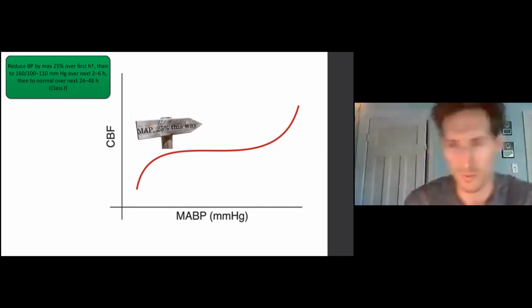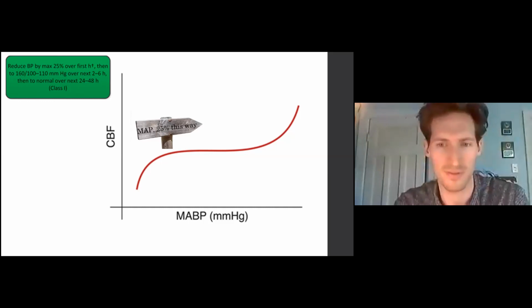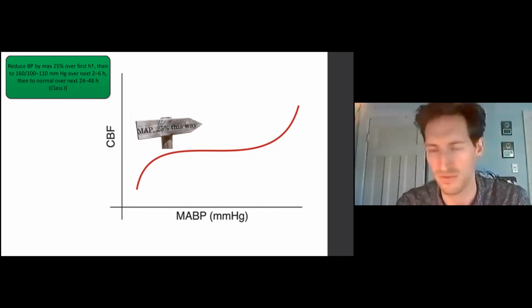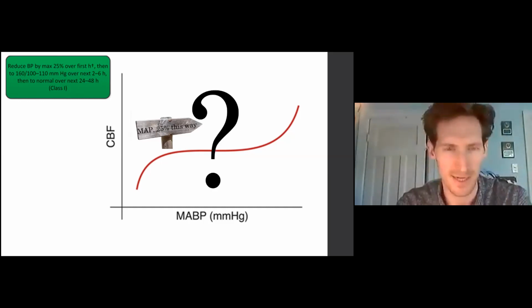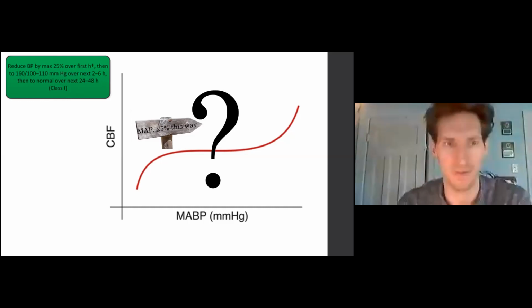But when these patients come into the emerge with their blood pressure sky high and organ injury, they're not in their steady state. So I don't see how their lower inflection point is 25% away from where they are right now in the emerge, because we don't know where their autoregulation curve is and where they are on it when they come in.